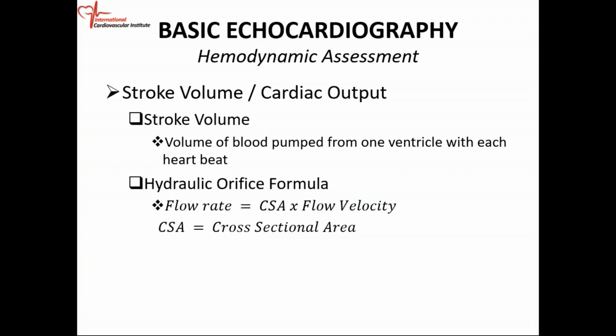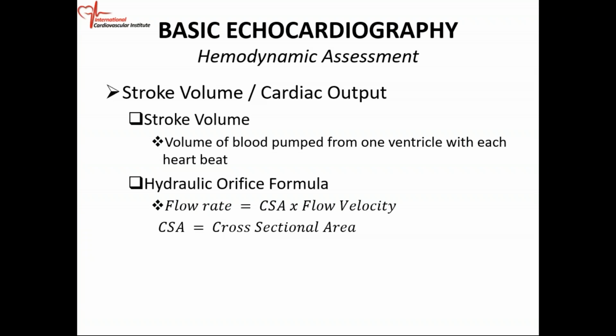Remember, you can get LV volume by doing your method of disks, your modified Simpson rule. When you do your echo, you can get your LV in diastole and your LV in systole, and you can get a stroke volume.